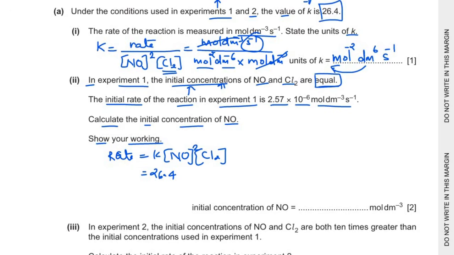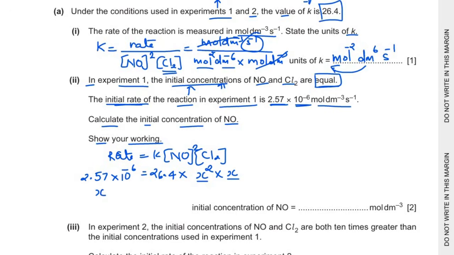Now this is important. If we take that as x, then for NO we can write it as x square, and for chlorine we can write it as x. Now they have already written that the initial rate is equal to 2.57 into 10 power minus 6. So 2.57 into 10 power minus 6 we can write here. So calculate the value of x.